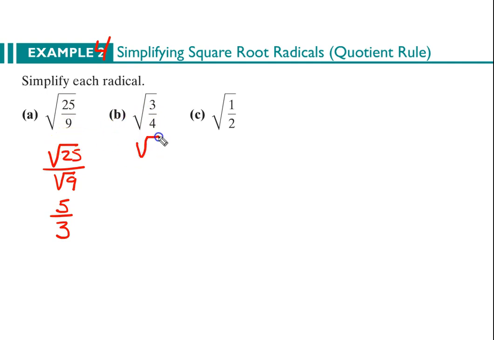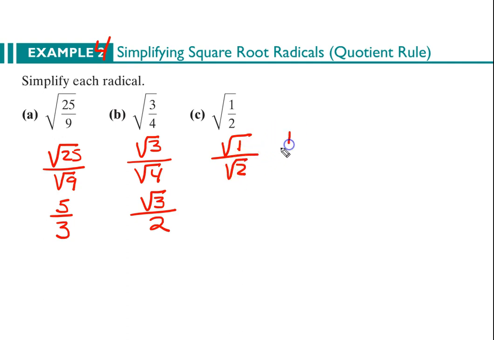This will be the square root of 3 over the square root of 4. The square root of 3 is irrational, but the square root of 4 is 2. Here we have the square root of 1 over the square root of 2. The square root of 1 is 1, but the square root of 2 is irrational, so here we have to multiply.